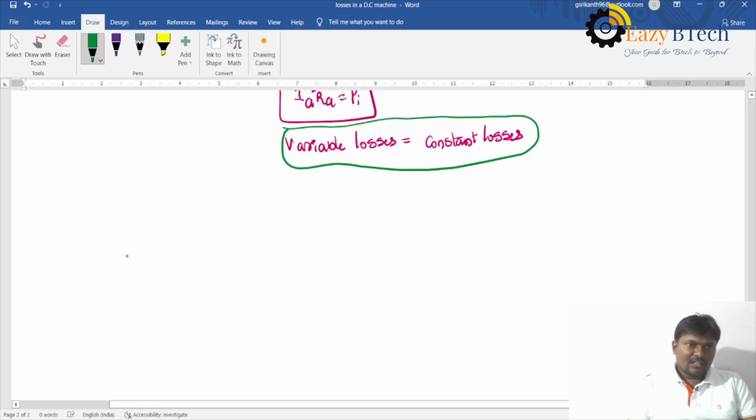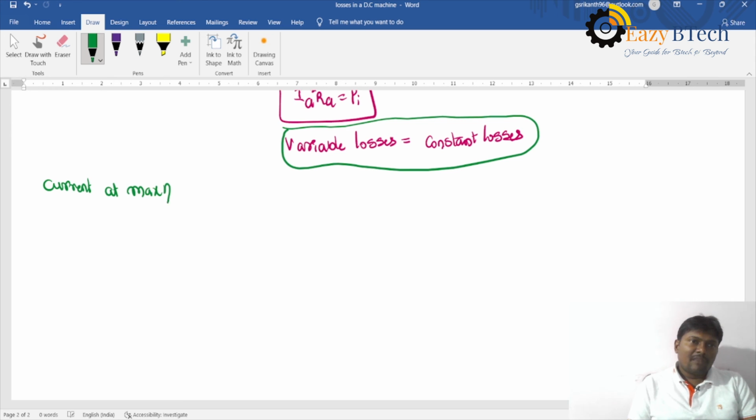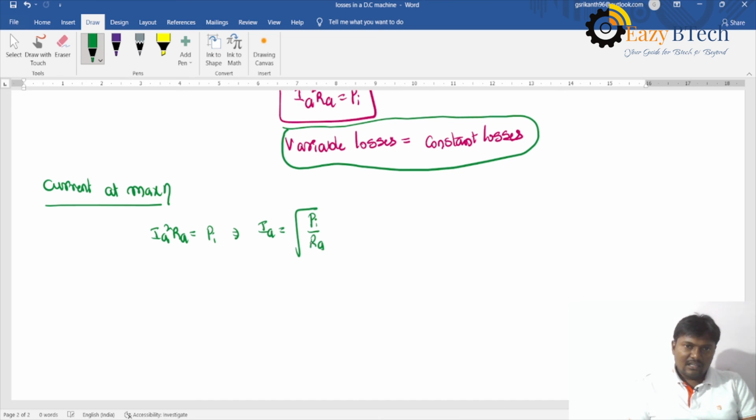Now the current at maximum efficiency: Ia square Ra is equal to Pi. From this, Ia is equal to the root of Pi divided by Ra, that is the root of constant losses by armature resistance.